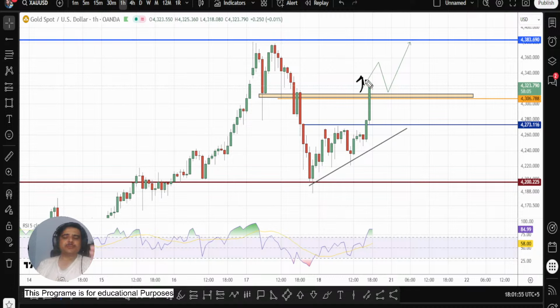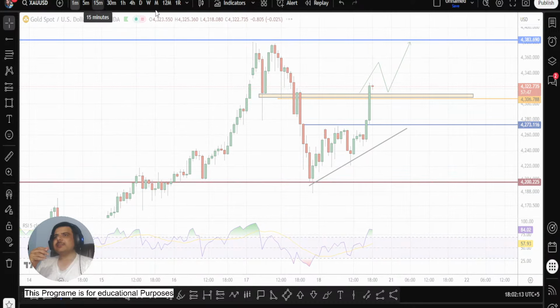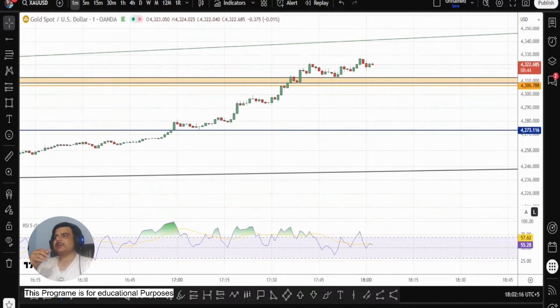But since gold is trending very nicely bullish, I don't think this will be a false one. In the next 28 minutes we will know what is going to happen further. Let's observe it on the 1 minute and find out the real sentiment behind each and every candle on the 1 minute time frame.